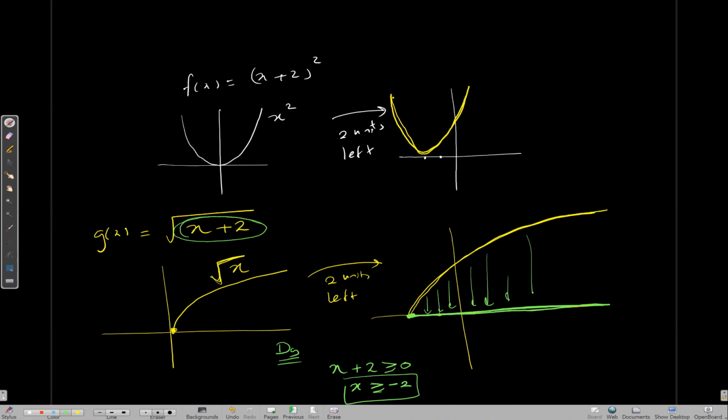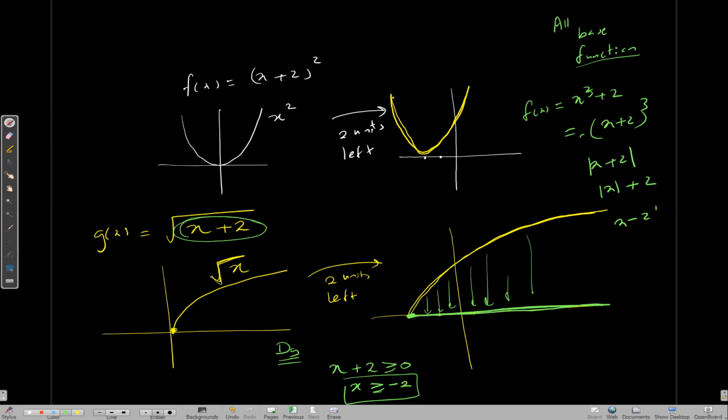So these are the two transformations that I'm talking about. Actually, you can play with these with all base functions. You can find some problems, or you can create your own problem and think about it. Like, for example, f of x equals x cubed plus 2, what will happen? Or f of x equals x plus 2 cubed, what will happen? How will the graph change? And absolute value of x plus 2, absolute value of x minus 2.